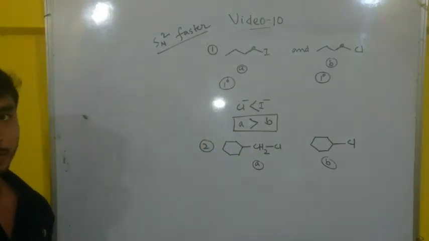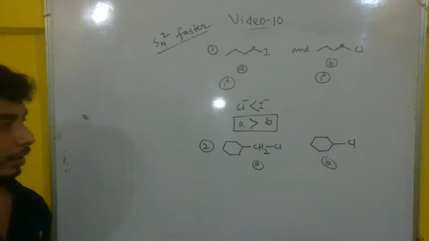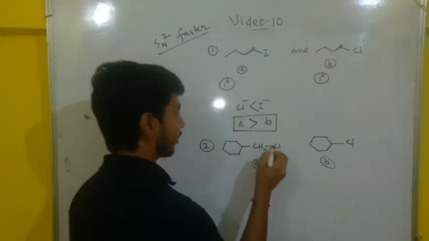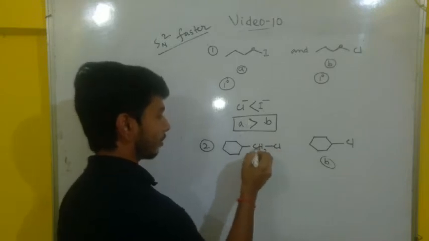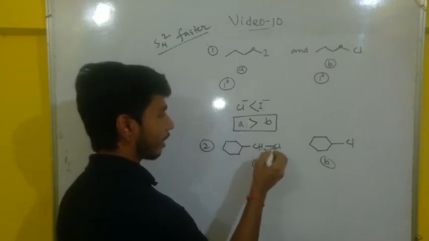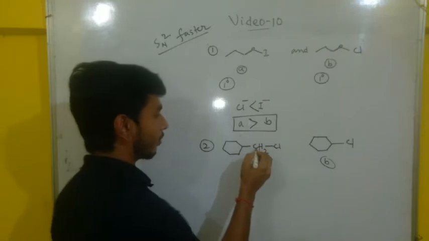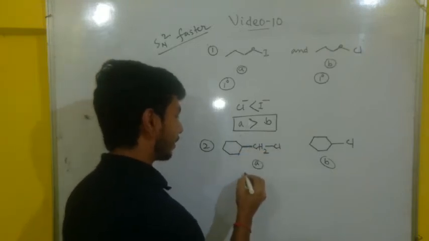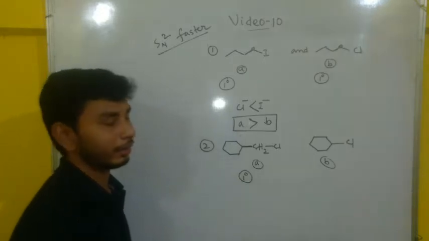Our first point is the alkyl halide. This is the carbon containing halogen, and it has one carbon-carbon bond. That means it is a 1 degree alkyl halide.